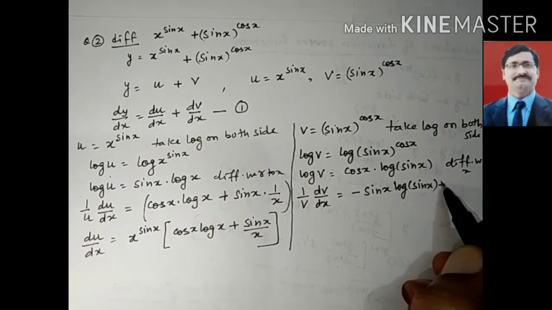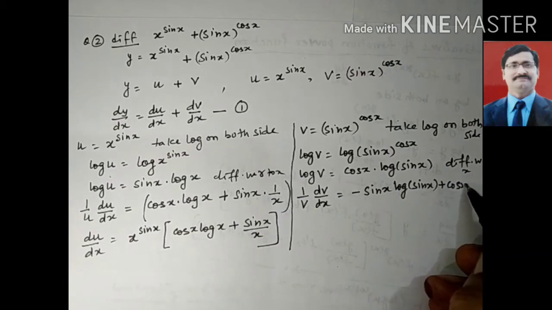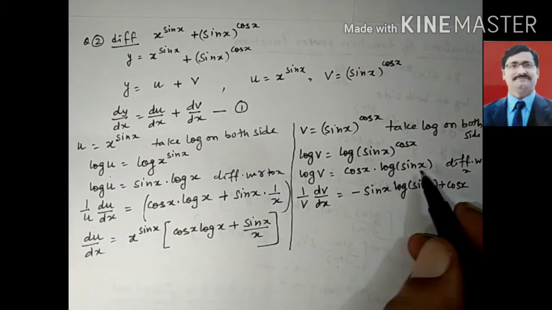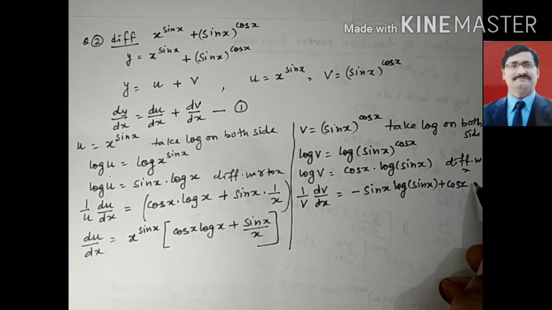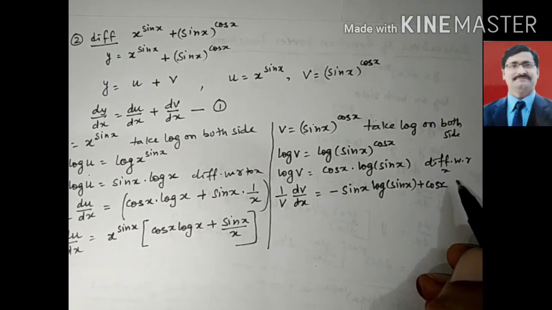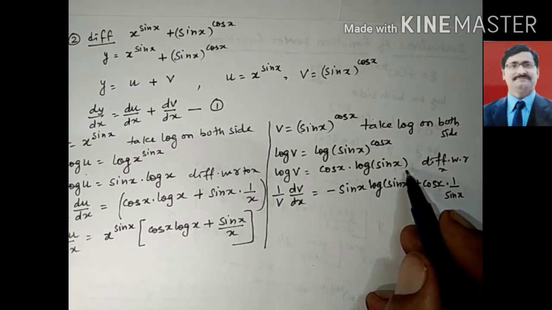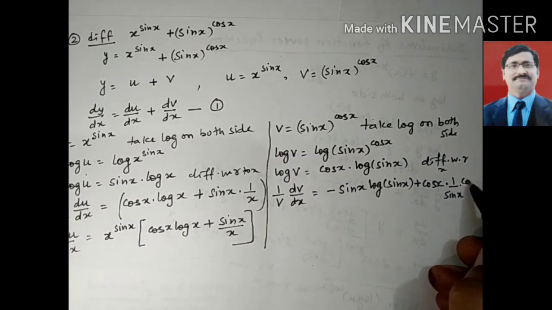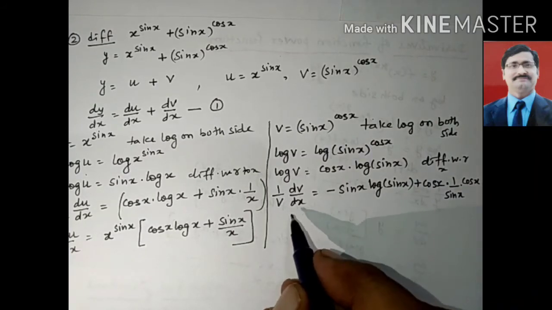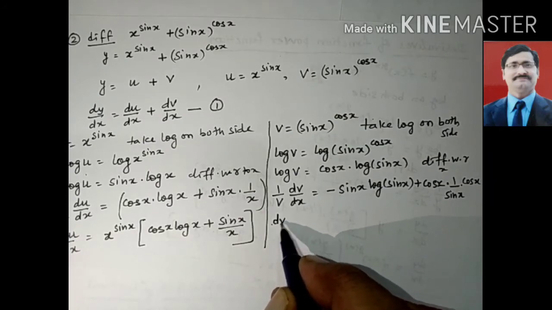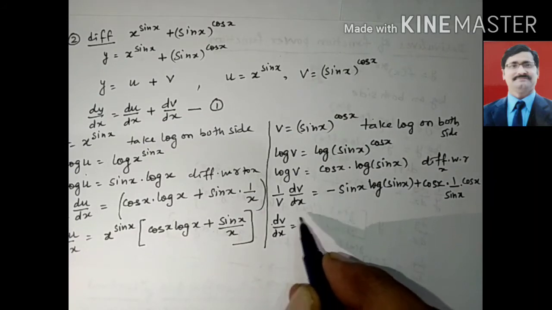Now second time cos x you will put as it is, and log differential is 1 upon x, so log sin x will be 1 upon sin x. And sin x differential is cos x, into cos x. All of you understand this? Now 1 upon v you will transfer, you will write dv by dx equal to 1 upon v.